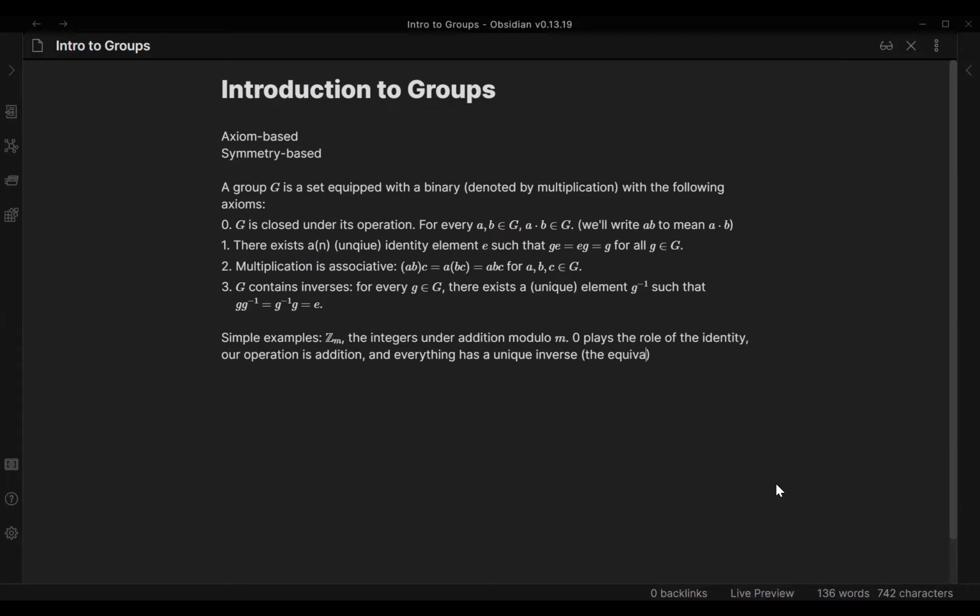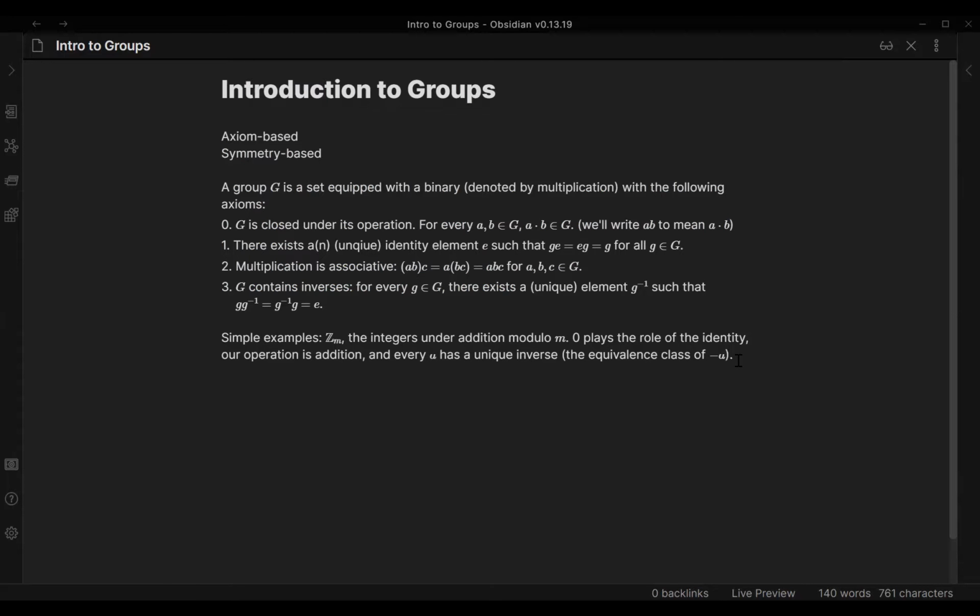Every element A has a unique inverse, which is the equivalence class of negative A. So we tend to think of the integers mod m as being between 0 and m.